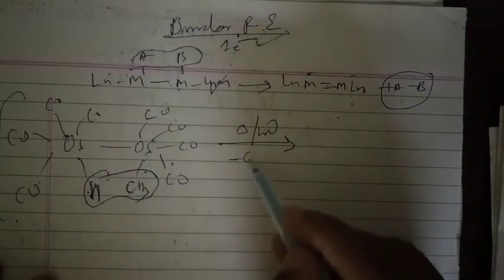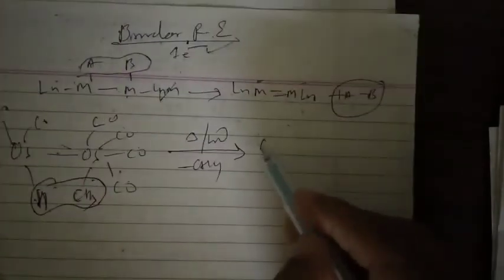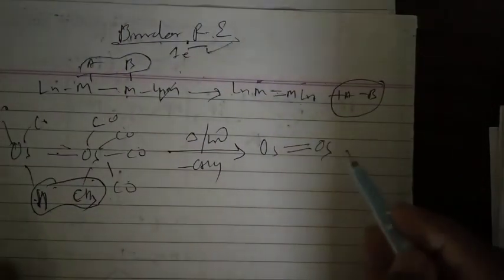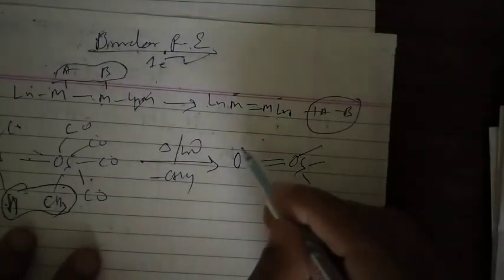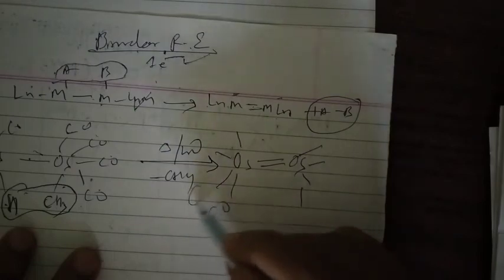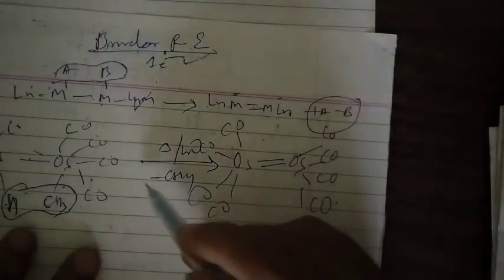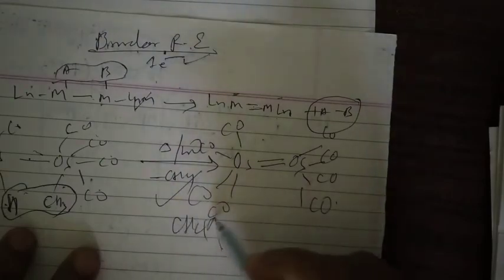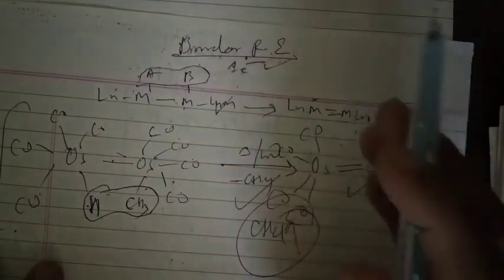So I can write here minus CH4, methane, CH3 plus H. So CH4 is eliminated, and you get a double bond here, and you get osmium like this, and other things will be like that, 1 2 3 4 1 2 3 4 with carbon like this. So here the elimination is methane gas, CH4, and you get this compound. And this type of reductive elimination we call a binuclear reductive elimination.